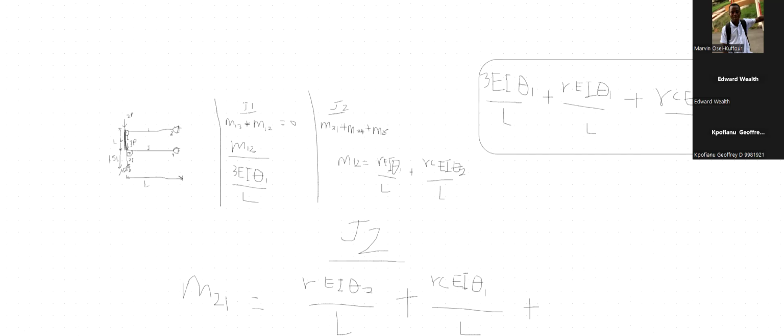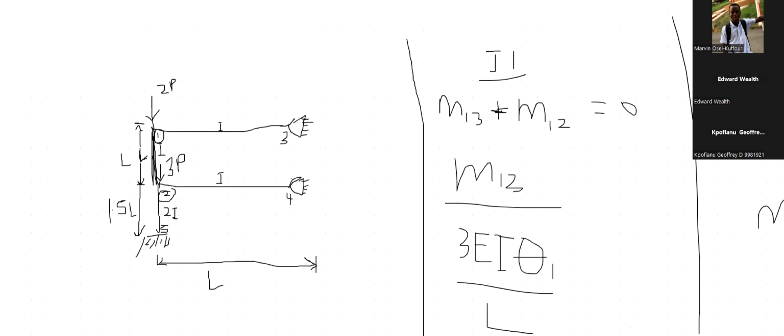M25. Let me zoom in. The far end is fixed. A load is passing through. Do you see it? Yes, the load is 3P.